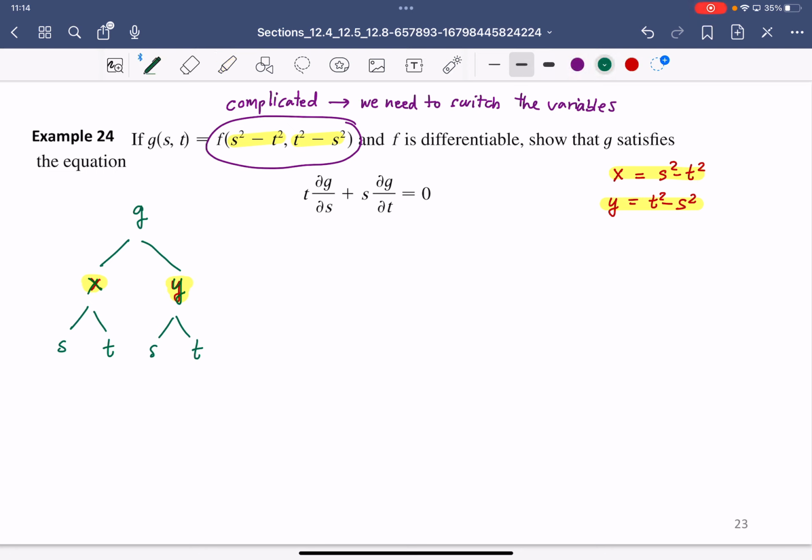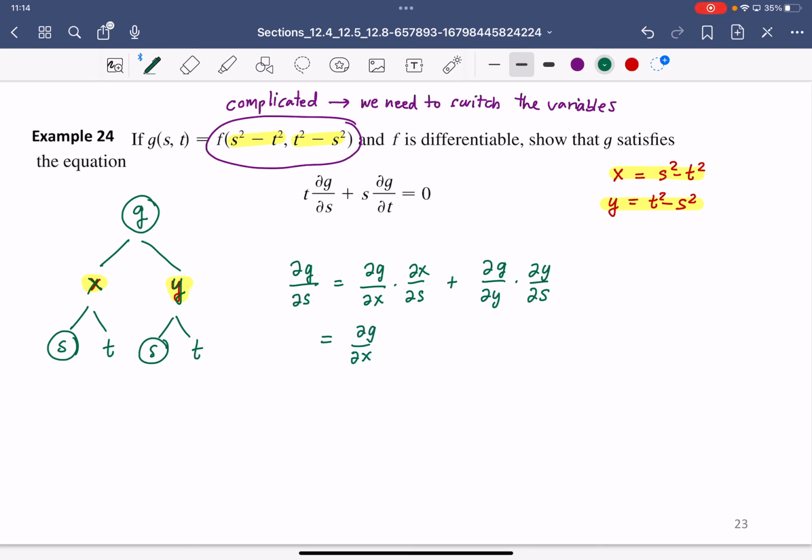So now let's do G by S. What is G by S here? It's going to be G by X, and then X by S, and then plus G by Y, Y by S. Now you differentiate G with respect to X, so you get ∂G/∂X.